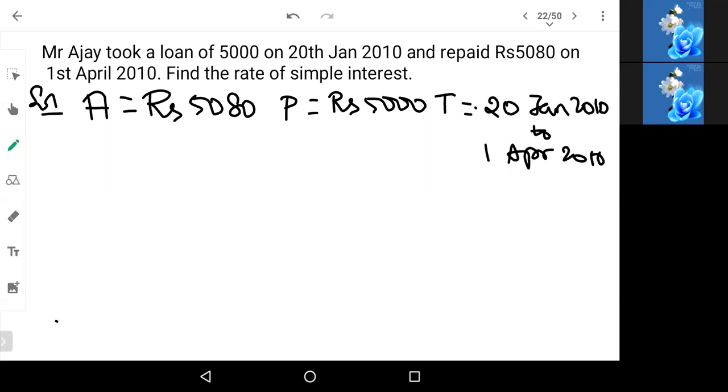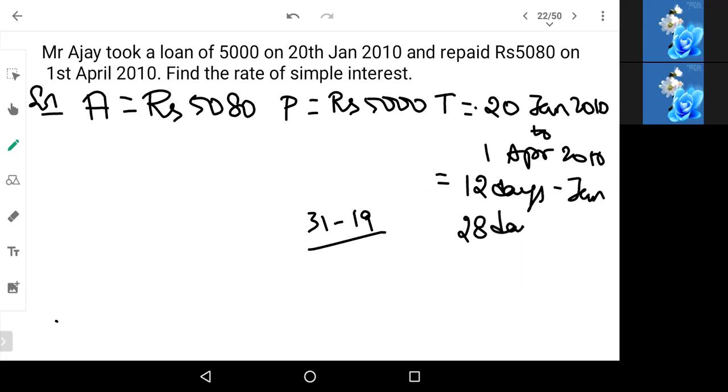So we have to find out how many number of days. In January we have 31 days. So 31 minus 19 days, how much do you get? You get 12 days in Jan, then 28 days in February, and then 31 days in March.